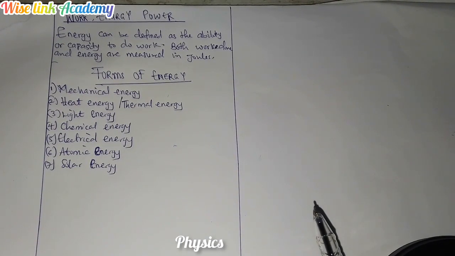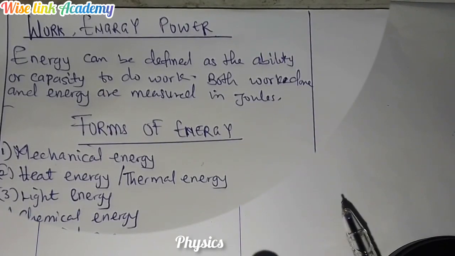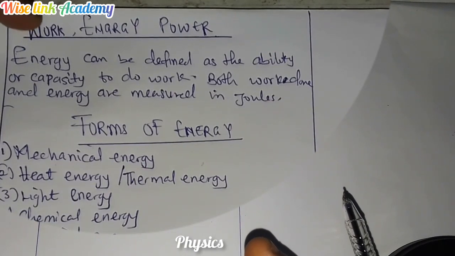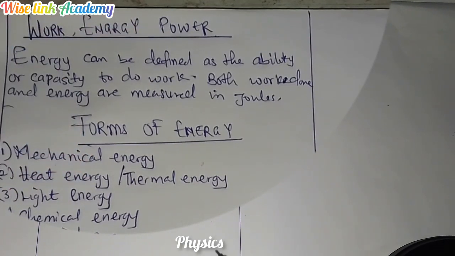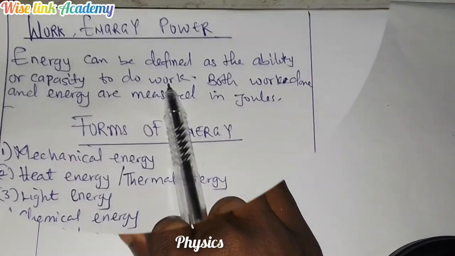What is energy? We all understand the term, we hear energy every time. So what do we call energy? Energy can be defined as the ability or capacity to do work.